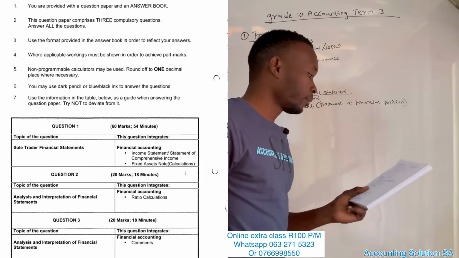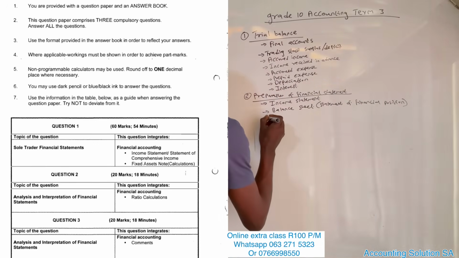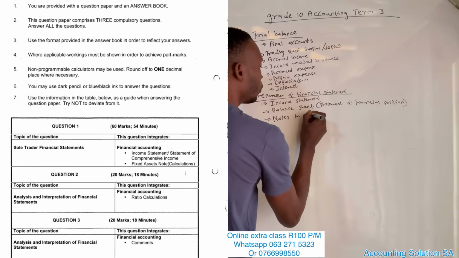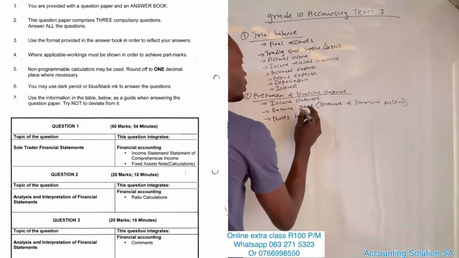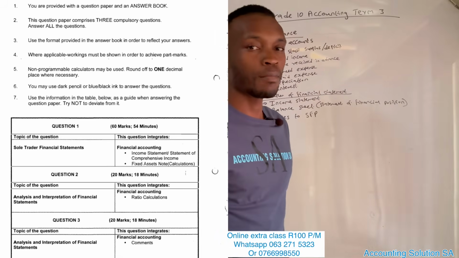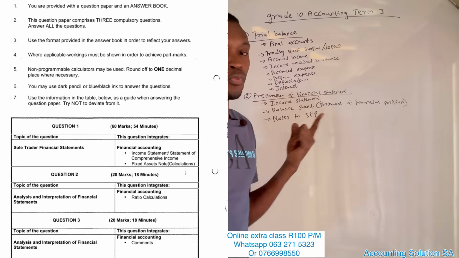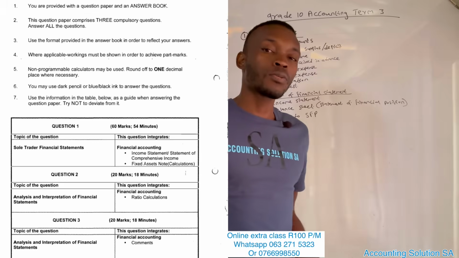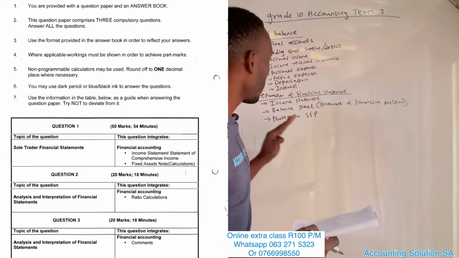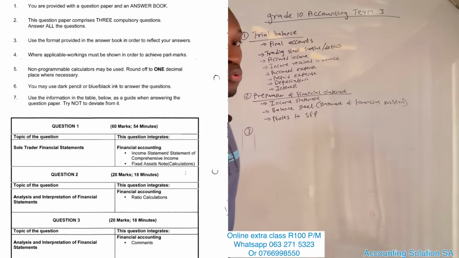Then after that, you must remember that when you prepare a balance sheet, guys, there are notes that you need to prepare: notes to the statement of financial position. Even the income statement also contains notes on interest income and interest expense. But most notes are under the balance sheet. We have a lot of notes that you need to prepare, and those notes also contain a lot of marks. Okay, so these are the first two chapters, guys, that you have to know.